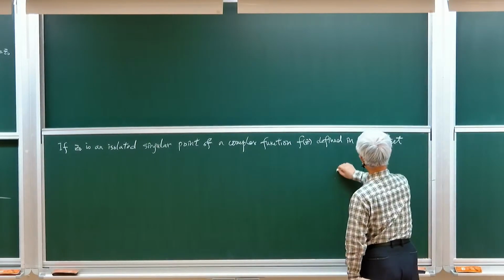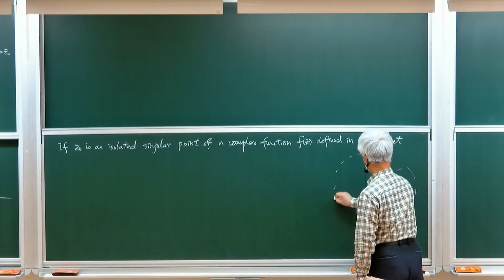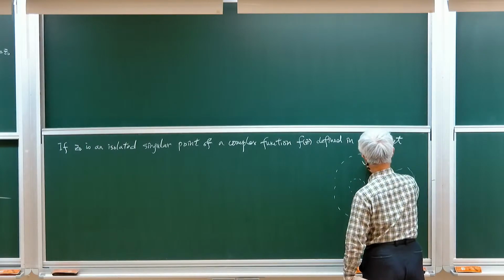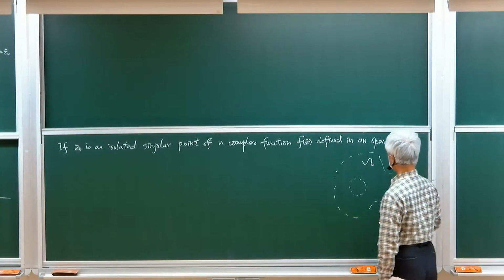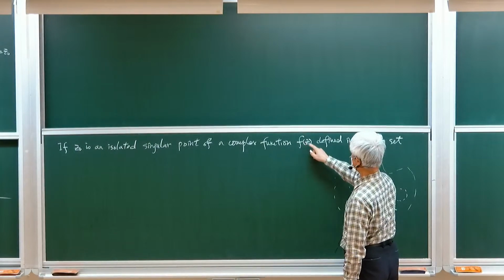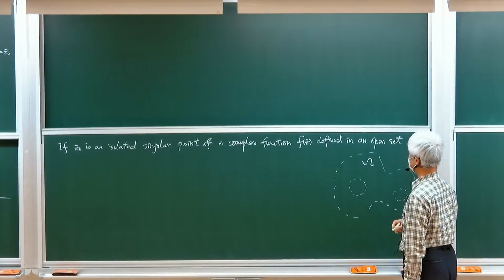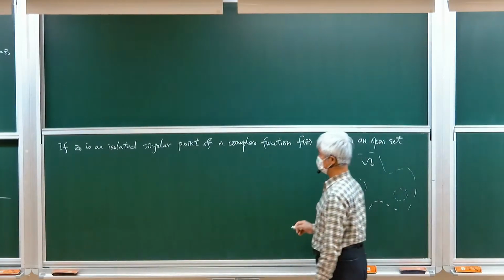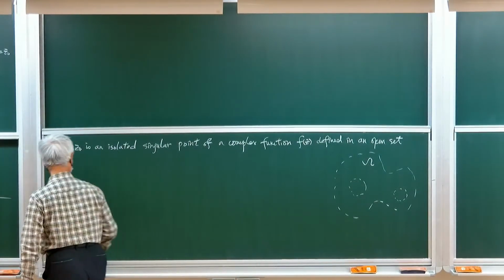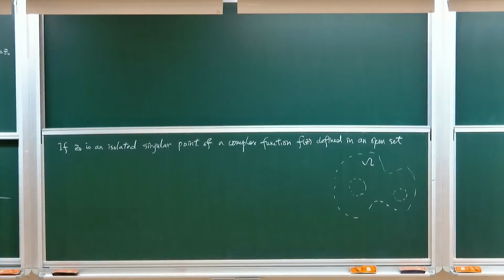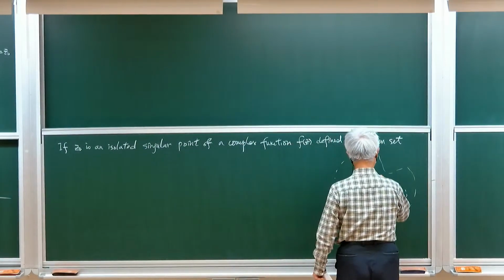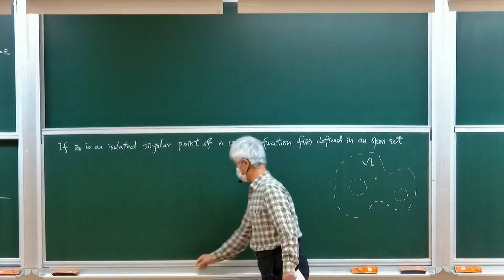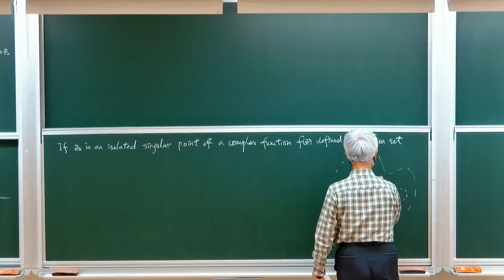Okay, so we have omega here. And so this function is defined in an open set. And of course this open set does not include this point.